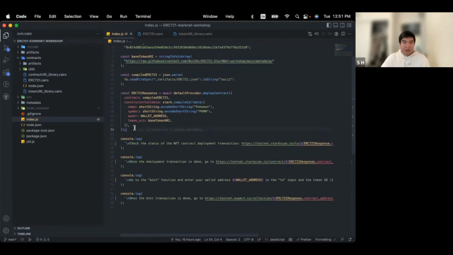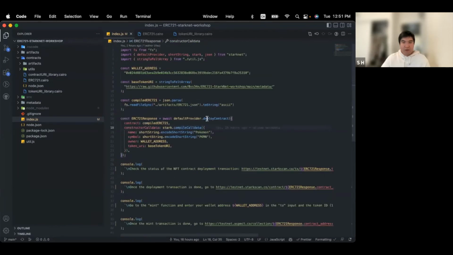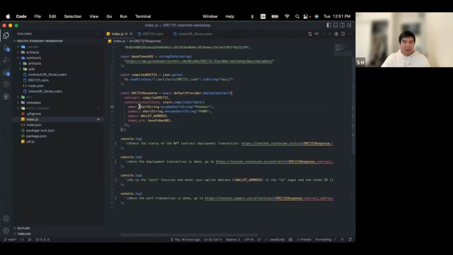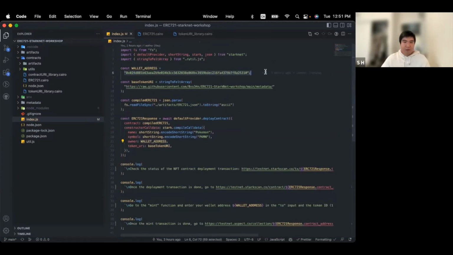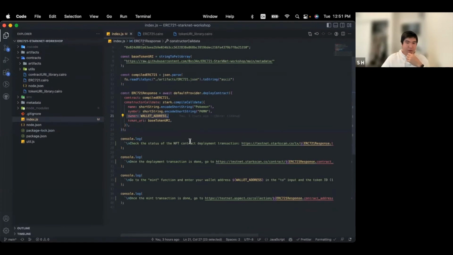So basically, I just deploy that contract using the deploy contract function from StarkNet.js, and I define the name of the contract and the symbol. I'm going to deploy a Pokemon contract, and then I'm going to define the owner, which is my wallet address. Only the owner can mint NFTs because it's following the OpenZeppelin standard.